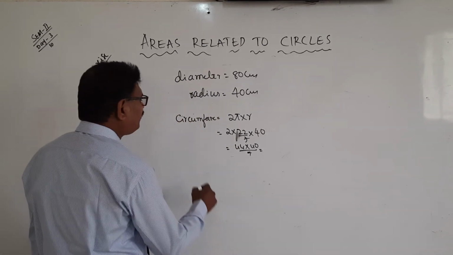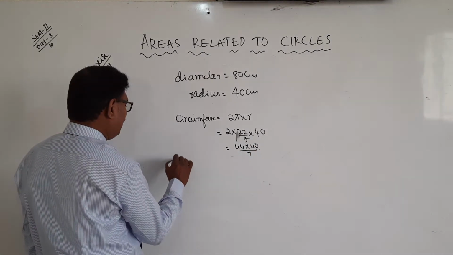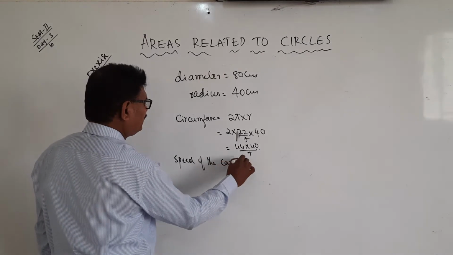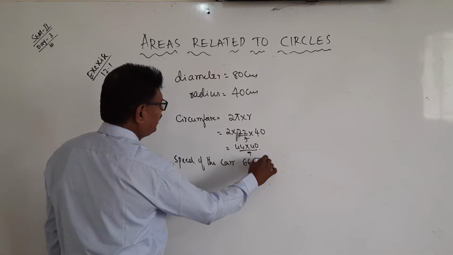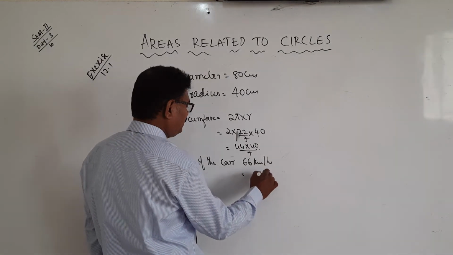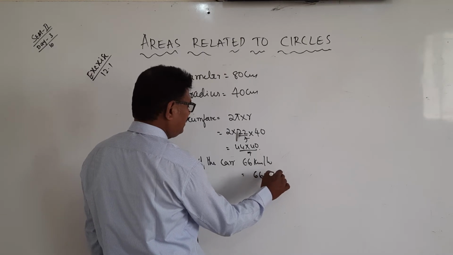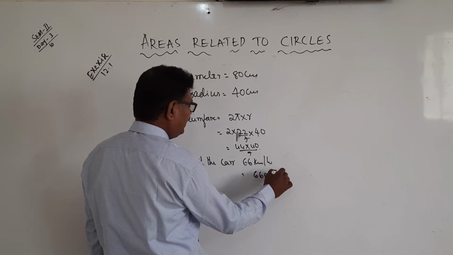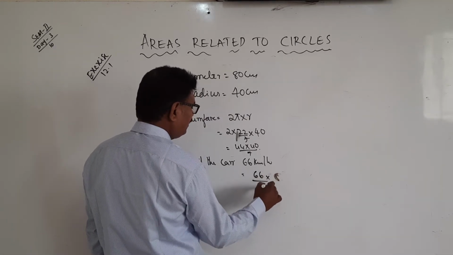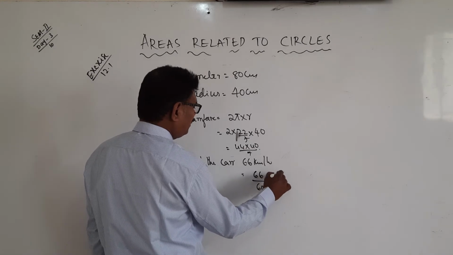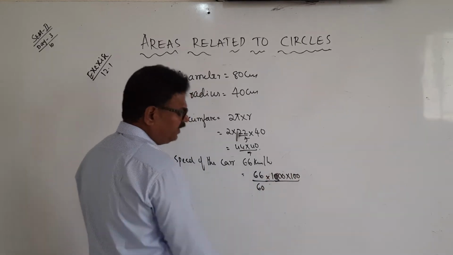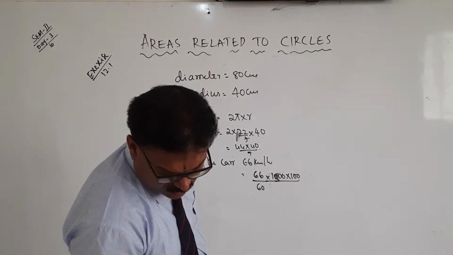Now speed of the car. What is the speed of the car? 66 kilometers per hour. 66 kilometers means 66,000 meters, and again 66 by 60 minutes. Therefore it is nothing but 1000 into 66 meters for 60 minutes.